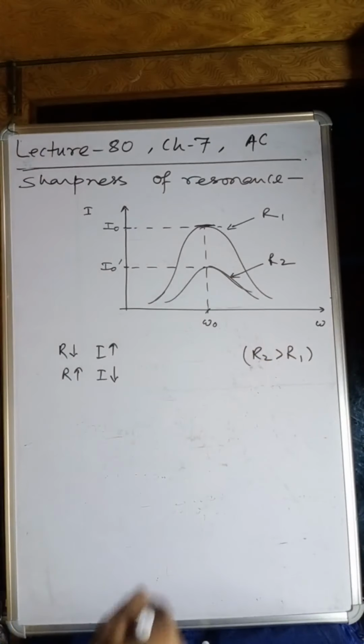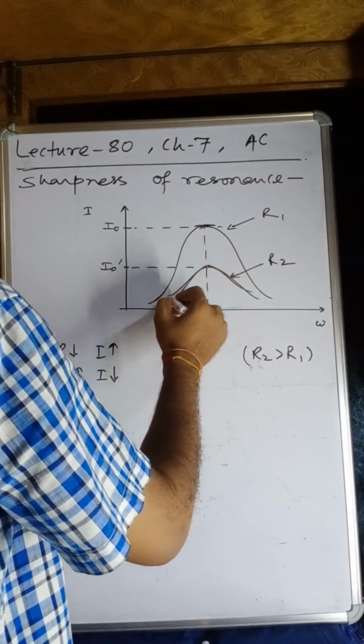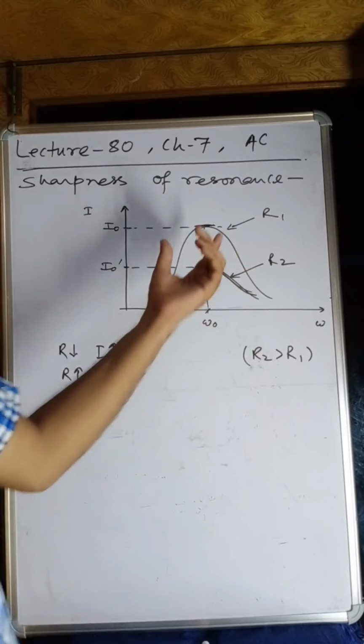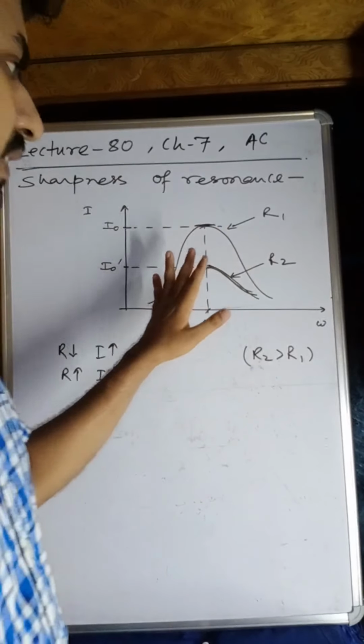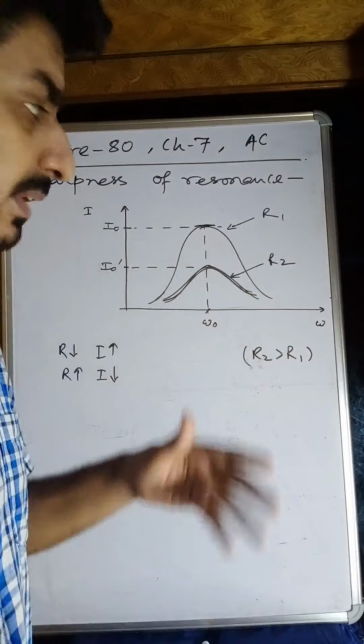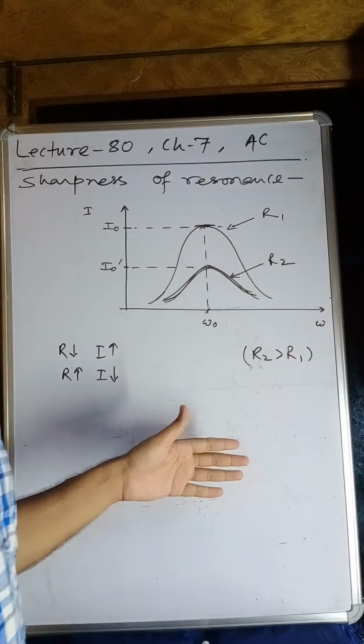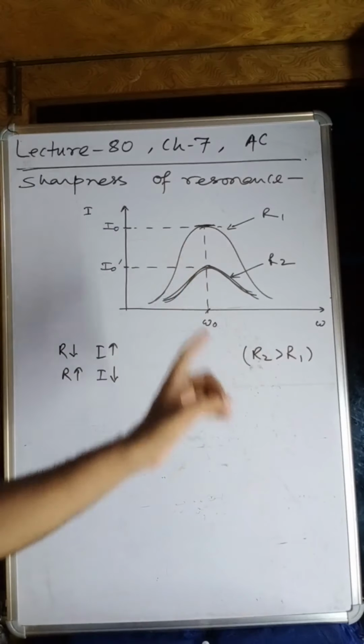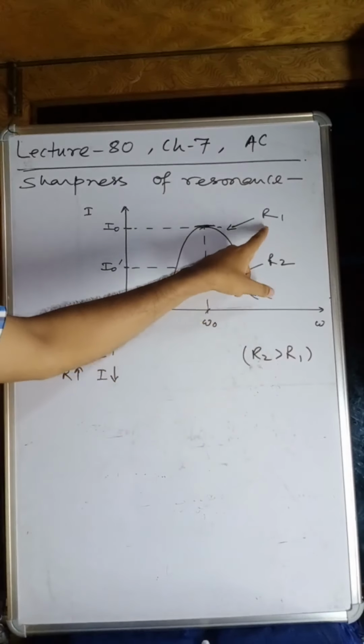Which one is sharper, my dear students? First, you guess from this graph which one is sharper. Of course, you can see the first graph is more sharp. You have to remember this, because the next thing I will explain will be very helpful. So the first thing we get: the graph will be more sharp for less resistance.